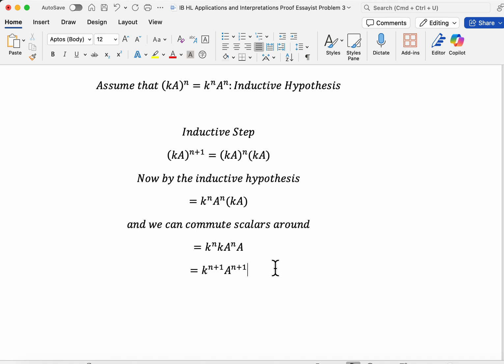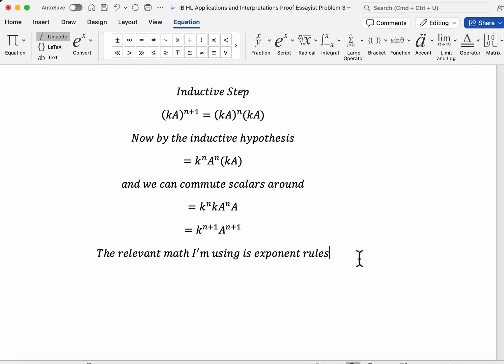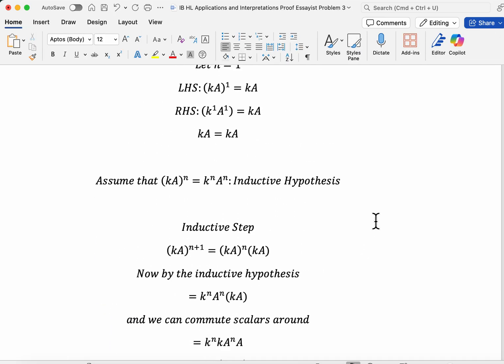So if you're an applications and interpretations audience looking at this video, you might be completely flabbergasted at what I'm doing here. But yeah, the relevant math I'm using is exponent rules. And that's basically it. We're done.